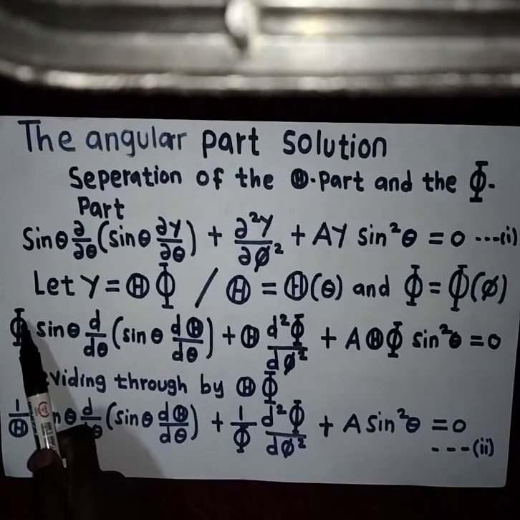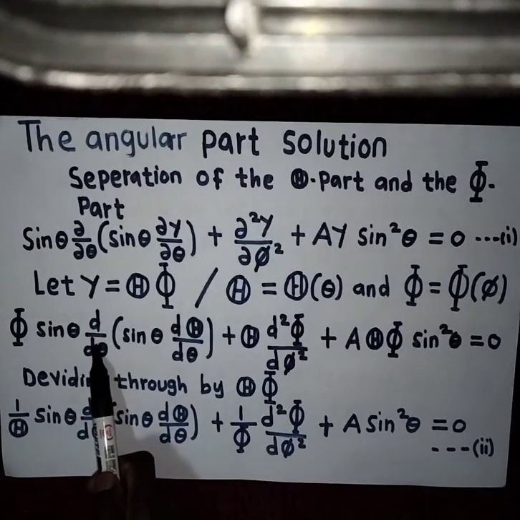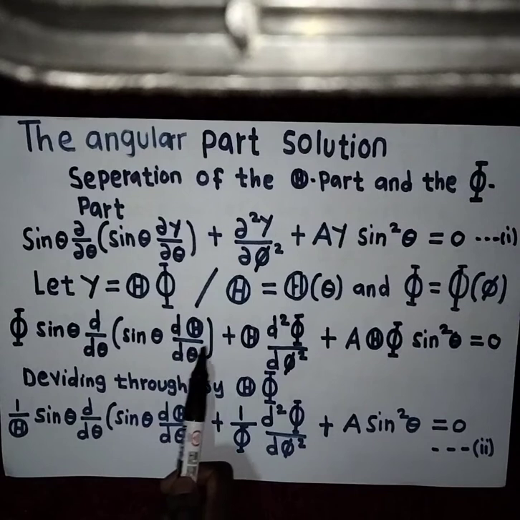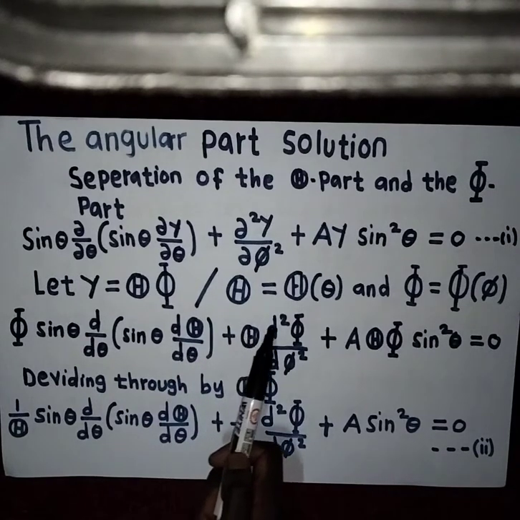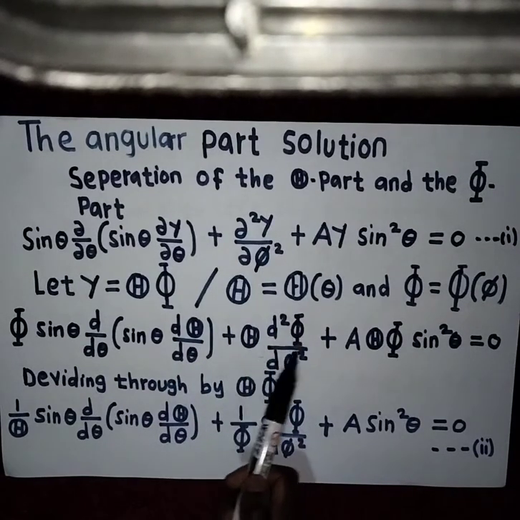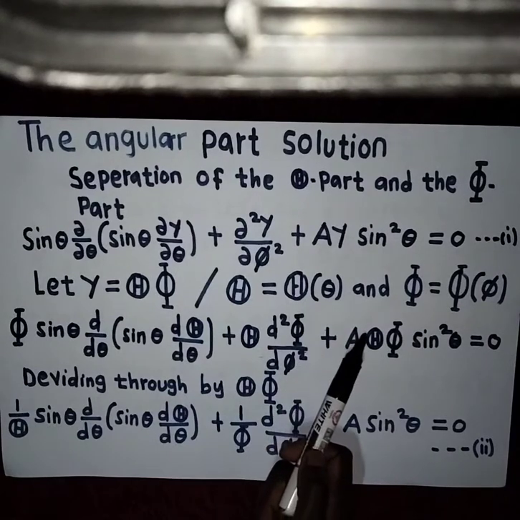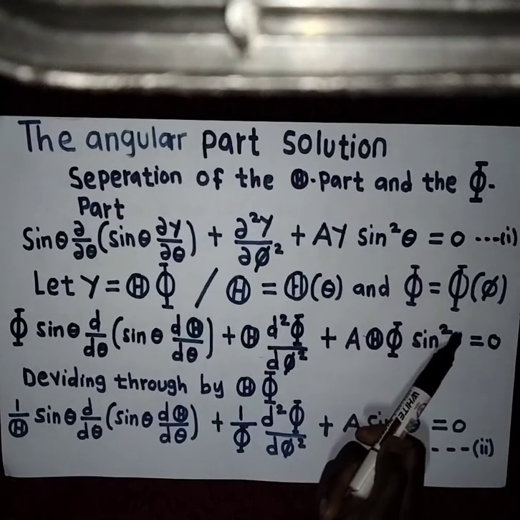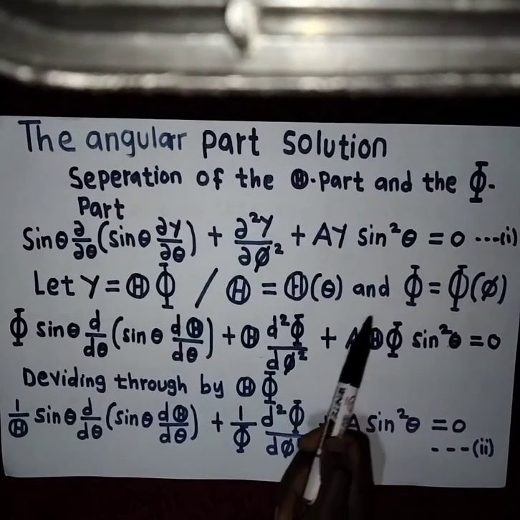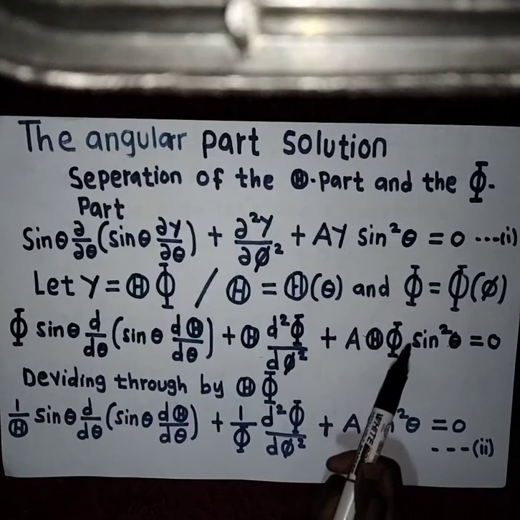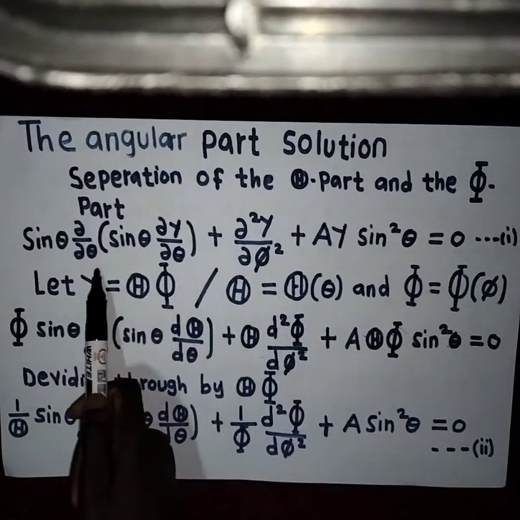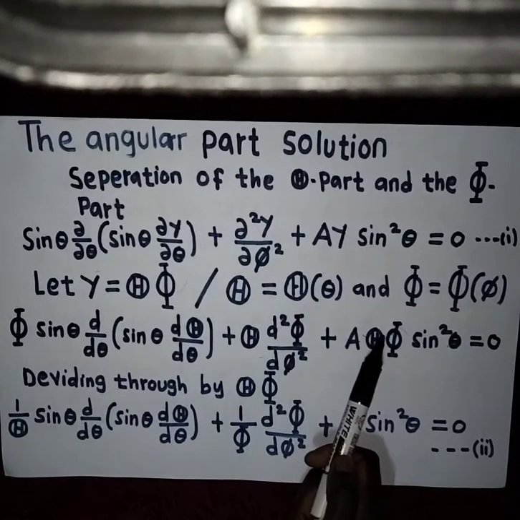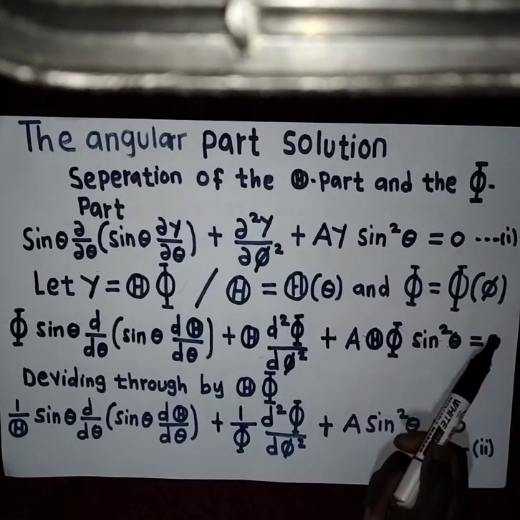So I have phi sine theta d theta into sine theta d theta over d theta plus theta d squared phi over d phi squared plus a theta phi sine squared theta. I've just substituted Y with theta phi, as I said Y is theta phi.